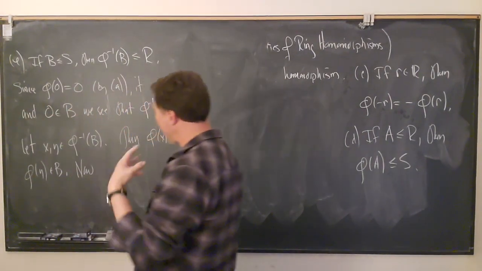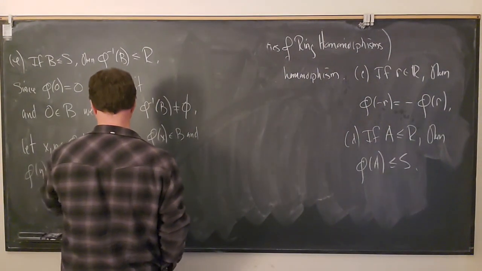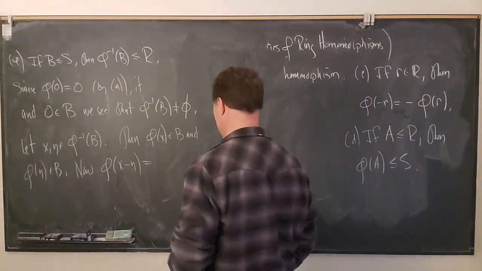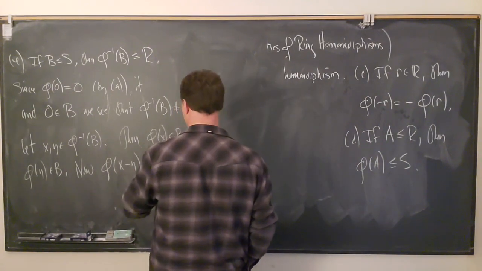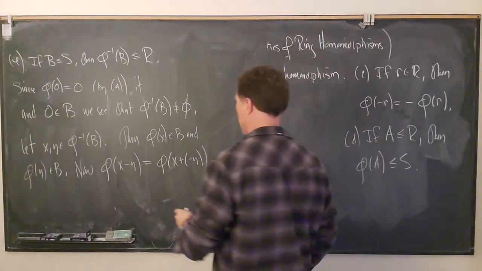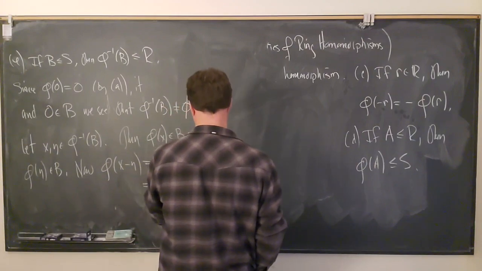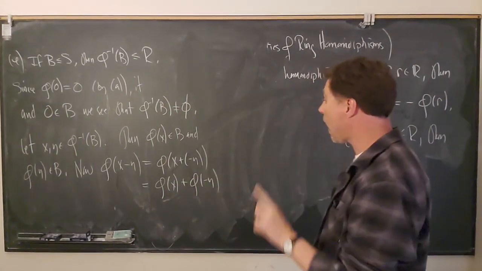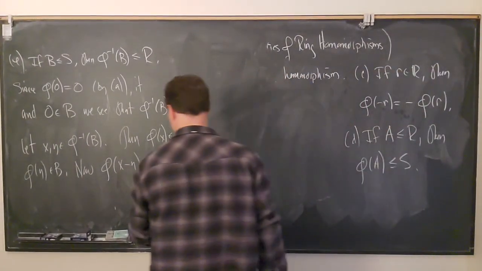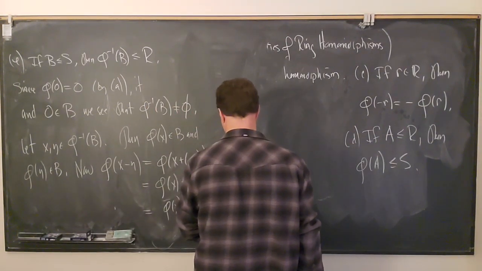I want to show that x minus y is an element of the inverse image of B. So if I look at phi of x minus y, what is this equal to? This really means phi of x plus minus y, which, because we have a homomorphism, is phi of x plus phi of minus y. Now I need to use part C, right? This is equal to phi of x minus phi of y, so that's by C.